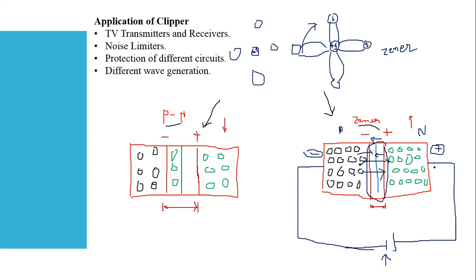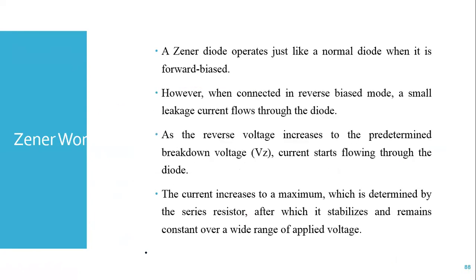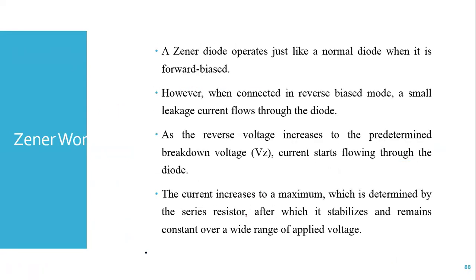This is what Zener breakdown is. So the diode operates just like a normal diode when it is in forward bias. So there is no need to discuss the forward bias condition because PN junction diode forward operation and Zener diode forward operation are both the same.